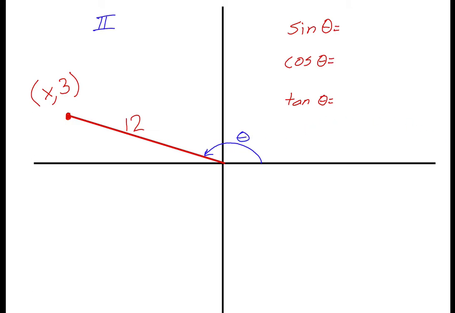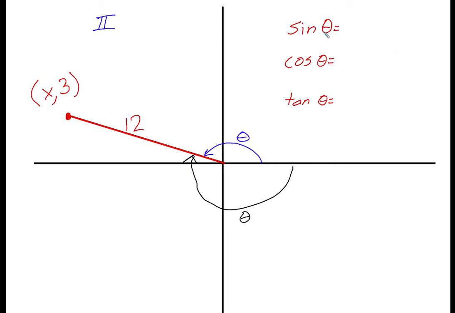Maybe theta comes around from the other direction there. Maybe it goes all the way around the circle and then it goes to there. Whatever, as long as it's a coterminal angle that ends up lying on this line and going through this point, it doesn't matter which angle we are thinking of.